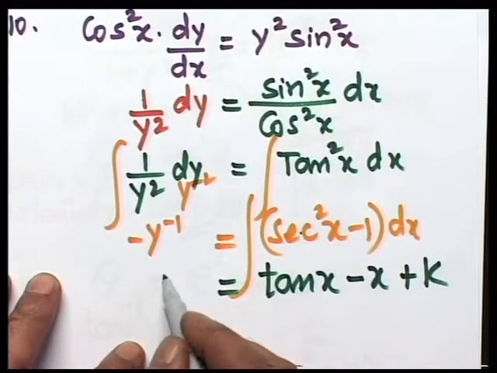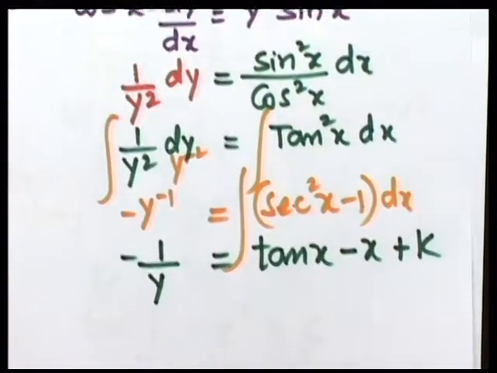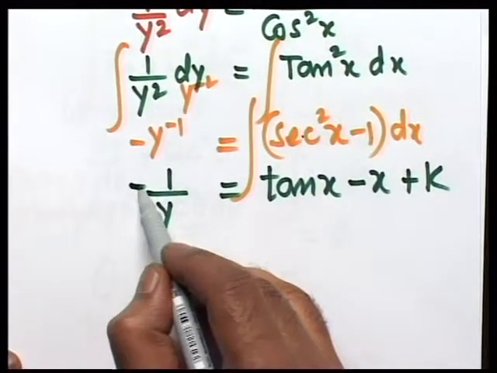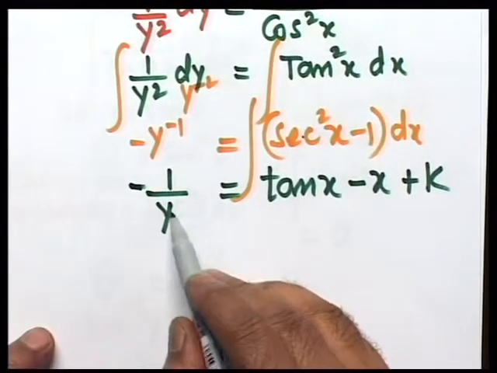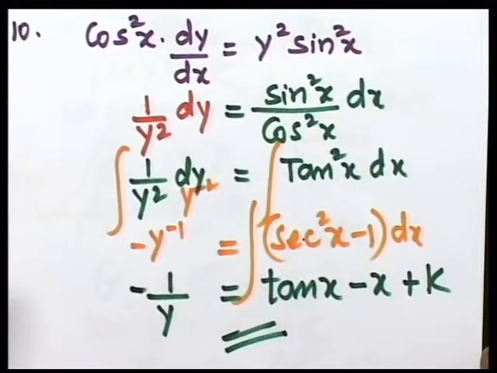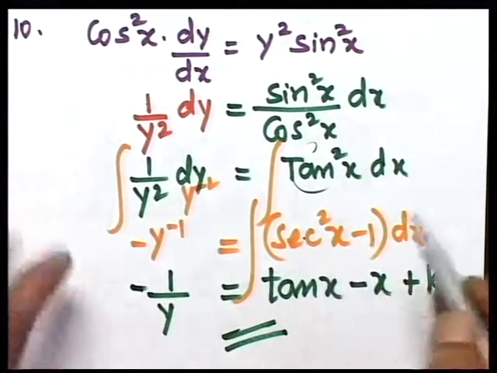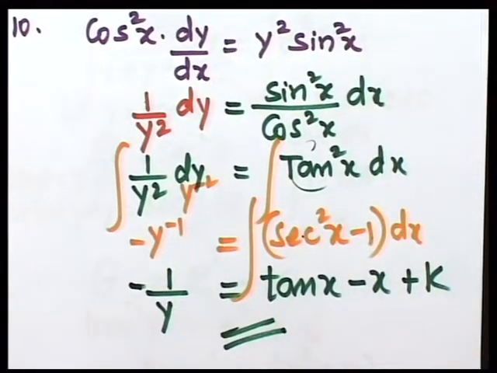The left hand side is 1 over y, minus. Again, you can remove the minus sign and make y the subject in the end, but that's the method. Okay guys, just be careful there. The tan square, change it into sec square minus 1. So you can finish that, right?